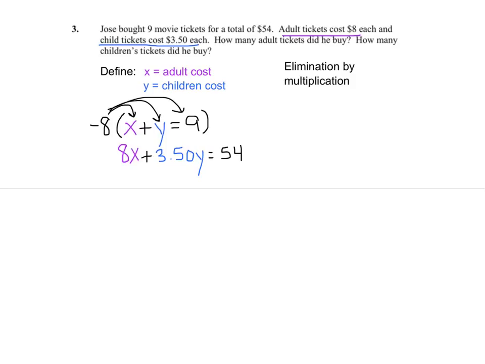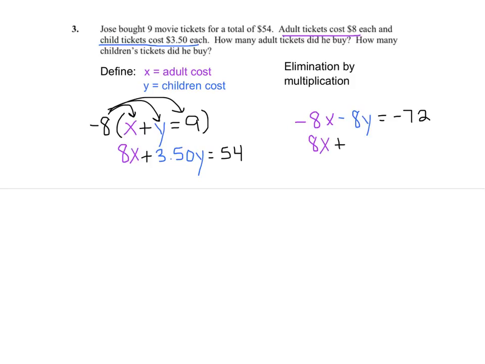So now let's multiply. -8 times x is -8x. Then a -8 times a positive y gives us a -8y. And that equals -8 times 9 is -72.